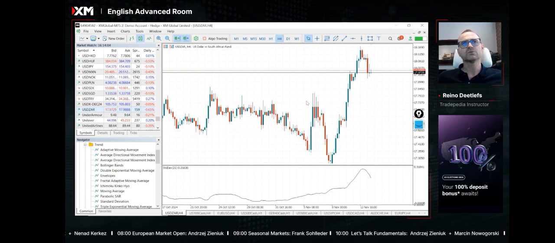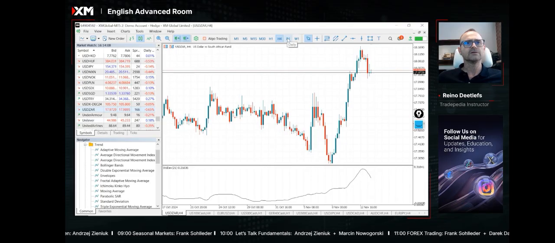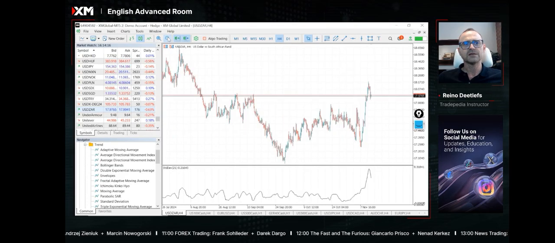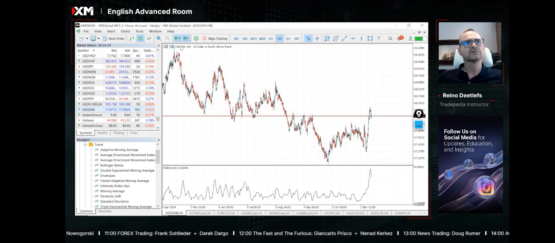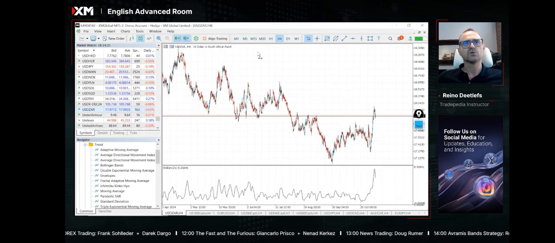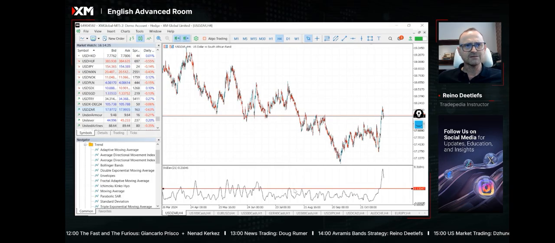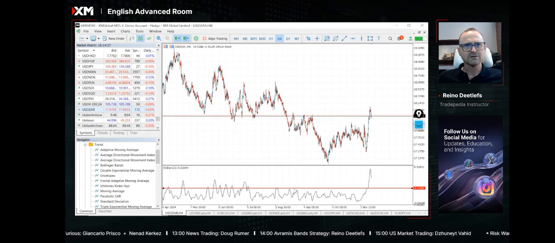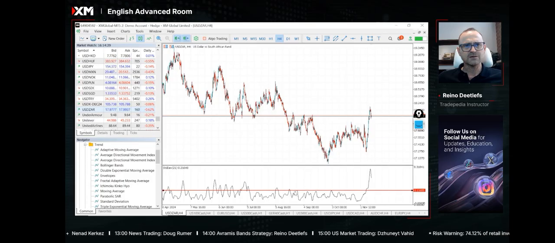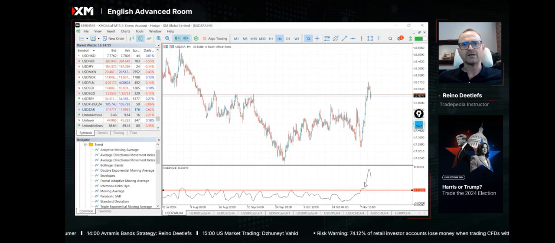Now you can see when we reach very extreme price levels. How do you know when standard deviation is at extreme levels? Well, you can always zoom out using the zoom out button on your standard toolbar. If I take the average tops over the last couple of periods, you will see this is way out of proportion.